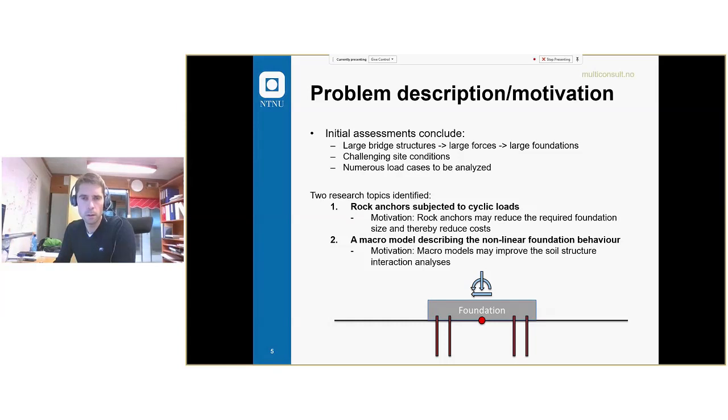So effective means to reduce size may constitute both rock anchors and calculation models, which can predict the necessary foundation sizes more precisely and thereby reduce excessive redundancy. So that's the motivation on this work.